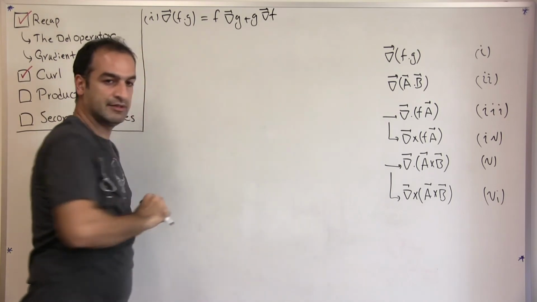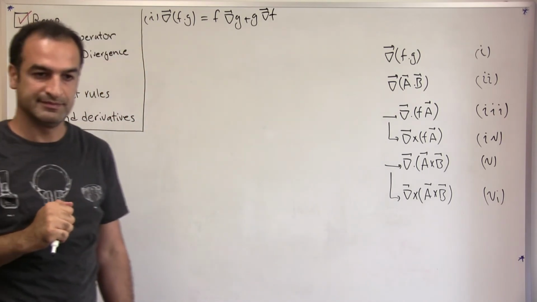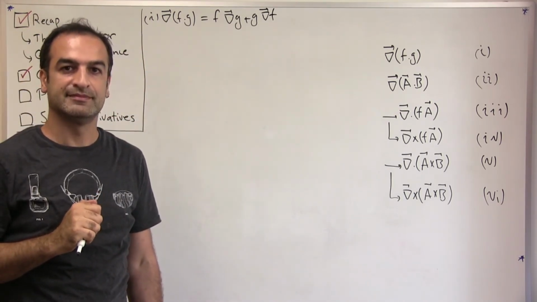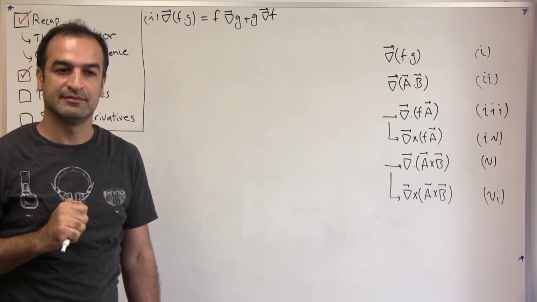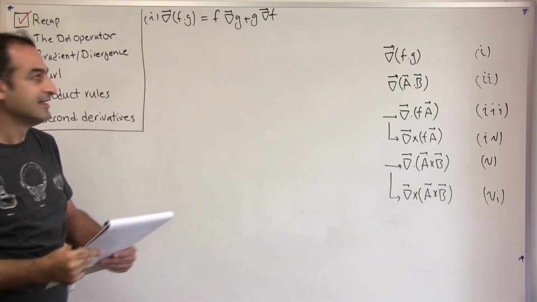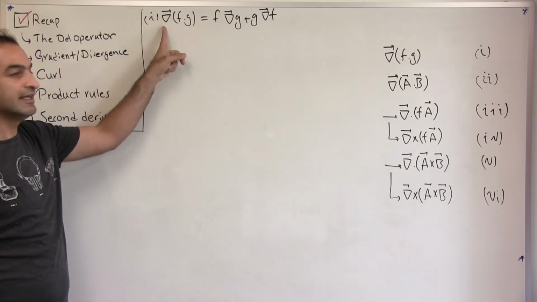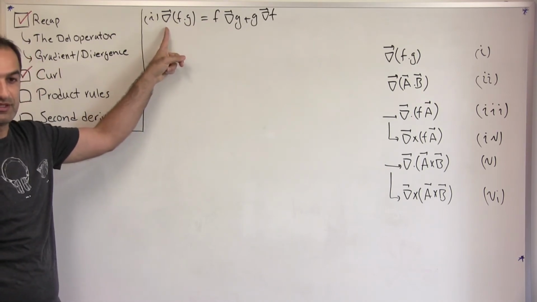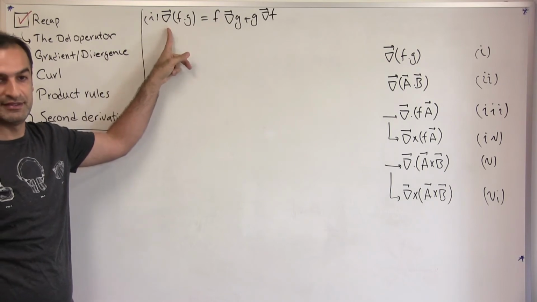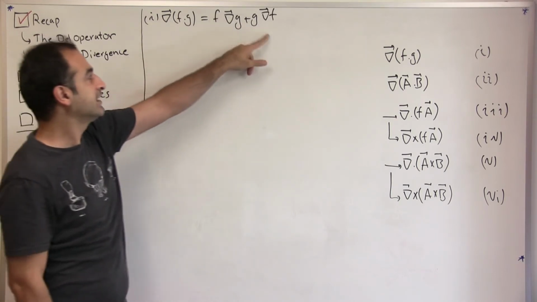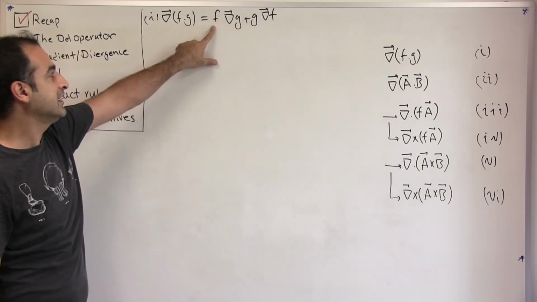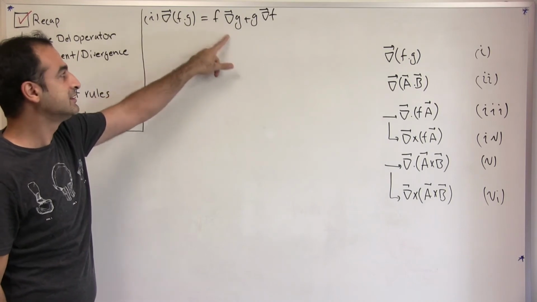Is it a vector or a scalar? Scalar. The combination, the multiplication, is a scalar. We are taking a gradient of that, so the gradient is a vector. And the terms here, we have two terms. f, a scalar, times gradient of g, this is a vector.